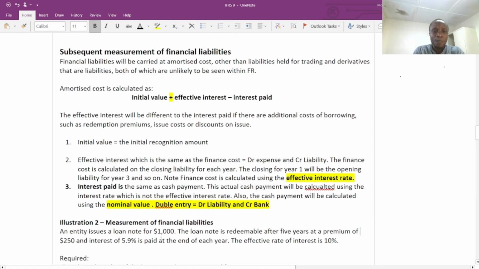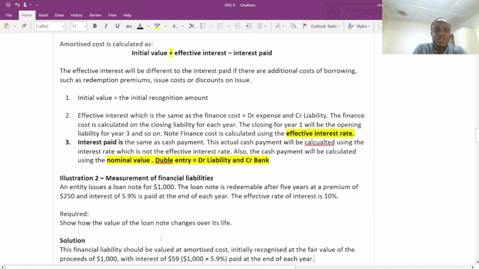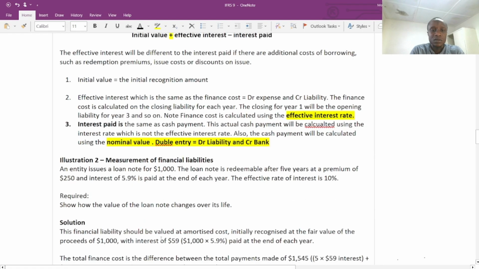An entity issues a loan note for $1,000. The loan note is redeemable after 5 years, at a premium of 250. So now we are going to look at the concept of premium and the concept of issue at par.